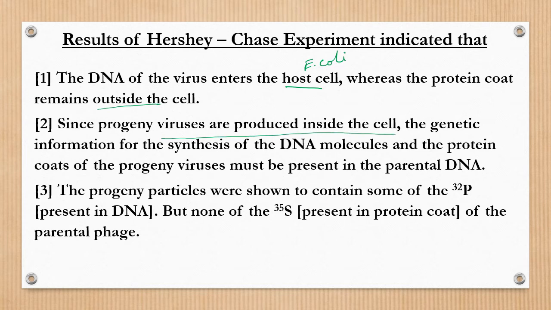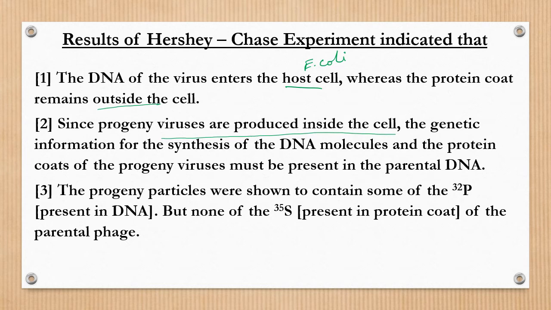What we already discussed is that the DNA injected in the bacterial cell uses the protein synthesis machinery of the bacteria, and forms the protein coats around its newly formed DNA, that is, a newly formed virus inside the cell.